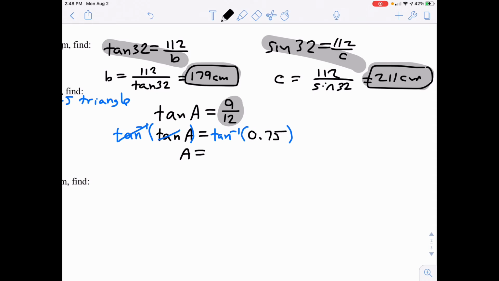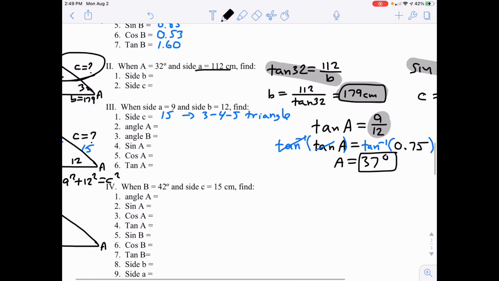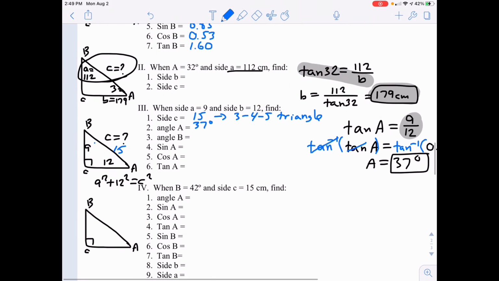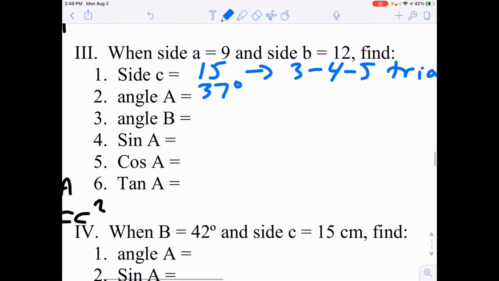And if we round that to the nearest whole number, we get 36.8. We round it to 37 degrees. Now, angle B is complementary, so angle B has to be 90 minus 37, which is 53 degrees.